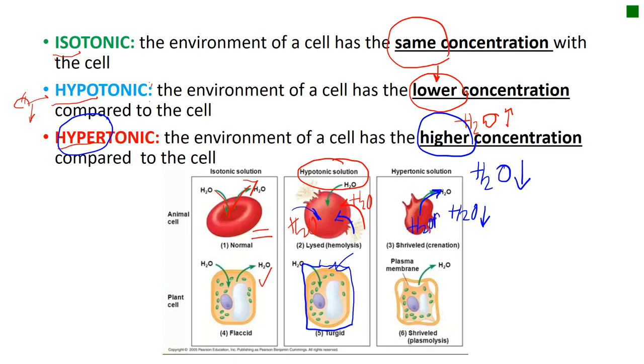In the case of an animal cell, it will shrivel. In plant cells, it also will shrivel, but the cell wall will remain, so what you can see from the outside is a wilted plant. I hope you understand the concept of isotonic, hypotonic, and hypertonic.